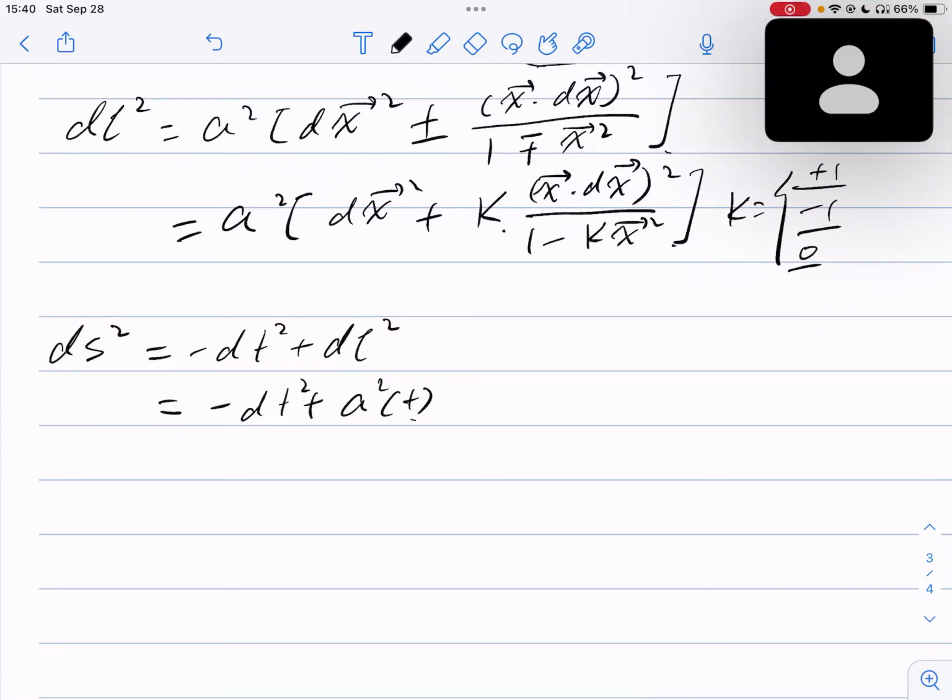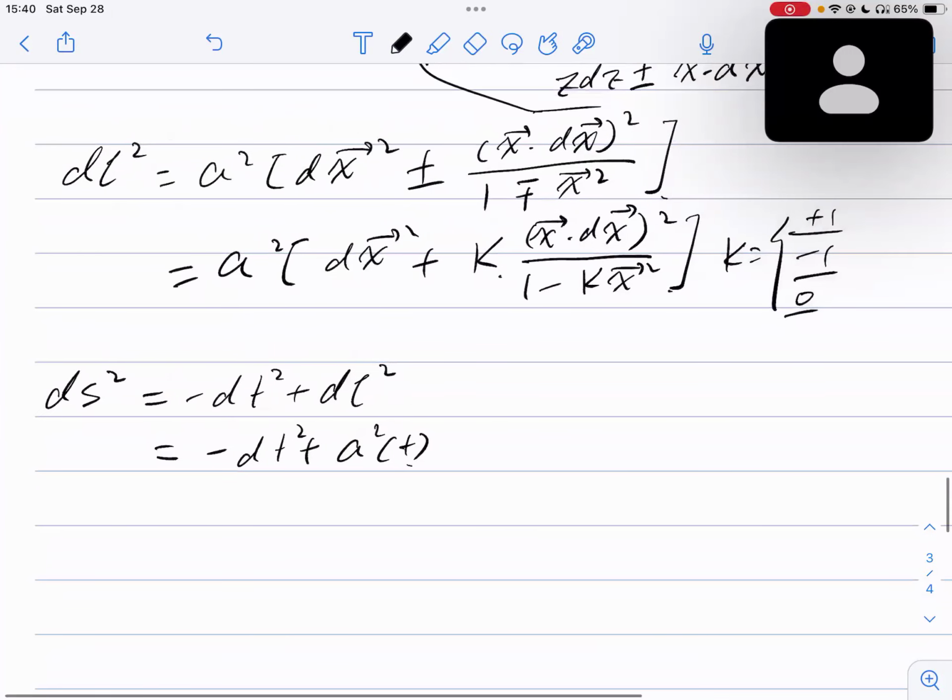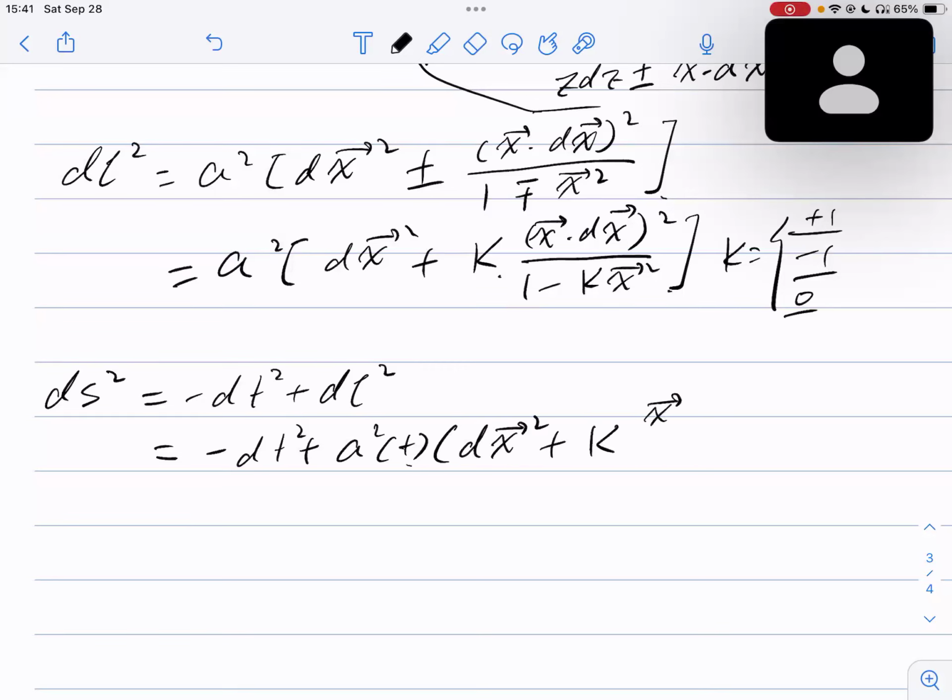Notice that this a can depend on t, because it can generally depend on t.